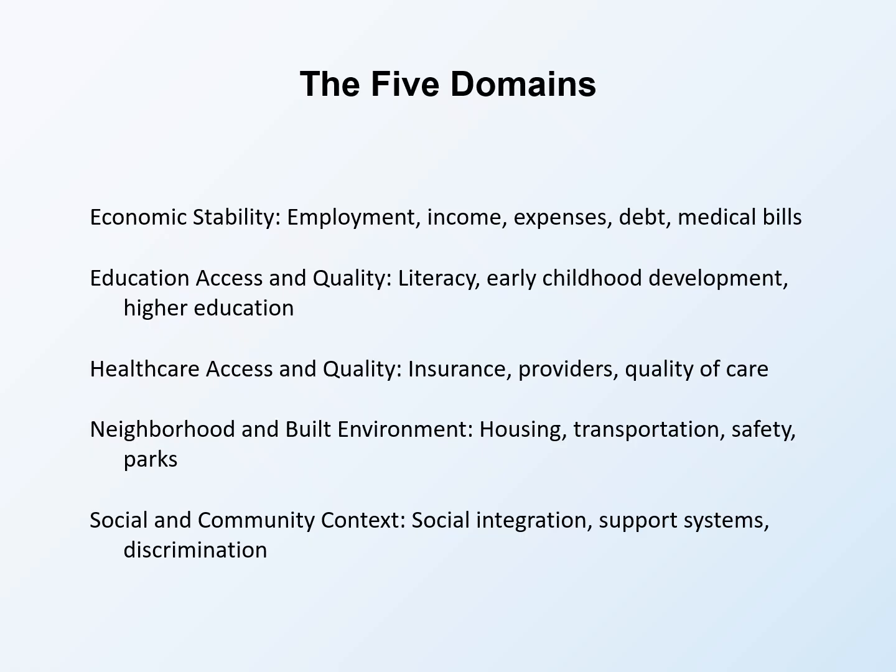Third is healthcare access and quality: insurance coverage, having a provider, quality of care received. Fourth is neighborhood and built environment: housing quality, transportation options, safety, access to parks and healthy food. Where you live shapes how you live. And fifth is social and community context: social integration, support systems, and importantly, discrimination. Each of these domains influences health and they interact with each other in complex ways.